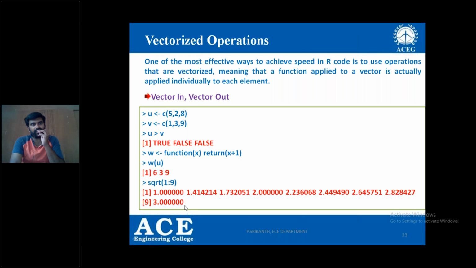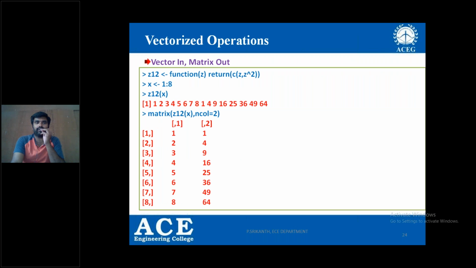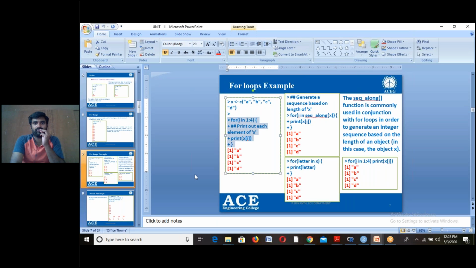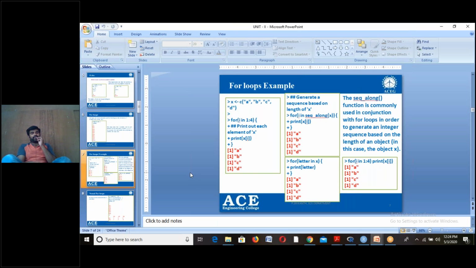The output is also a vector, that is, the square root of each individual value in the vector 1 to 9. Sometimes you can give a vector as input and get a matrix as output for some operations.